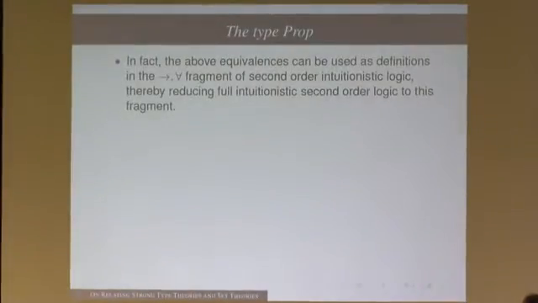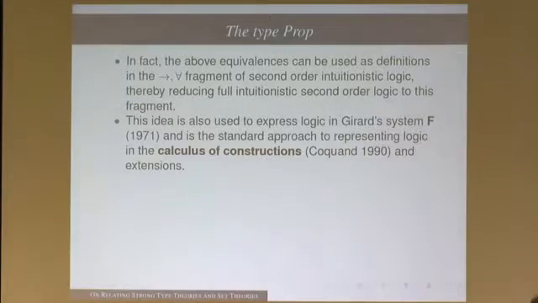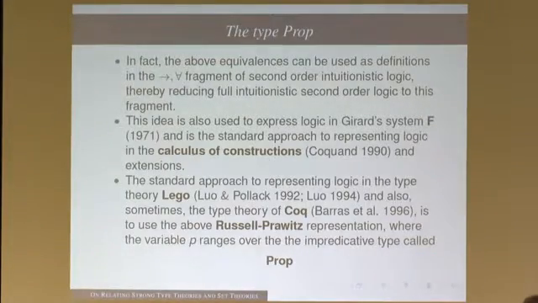Okay, so the type Prop allows you to define these operations in terms of just the fragment arrow, for all. And this idea was used in Girard's system F and in the calculus of constructions. And it's also a standard way of representing logic in the type theory Lego and in Coq.